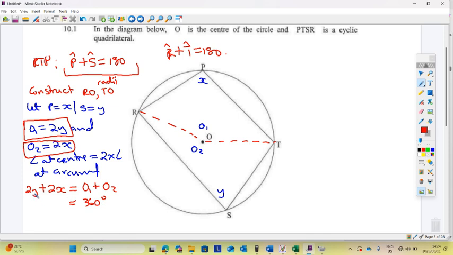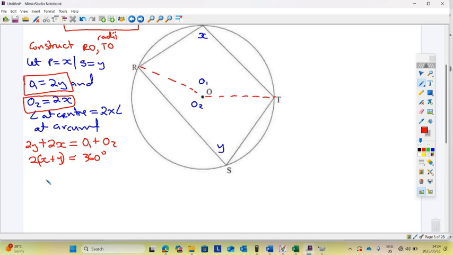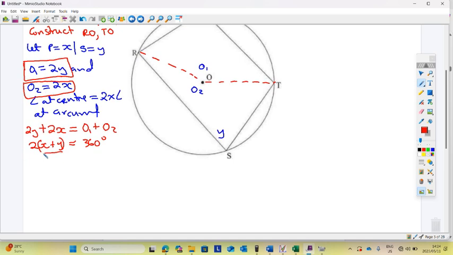And then 2y plus 2x, factor out a 2 there. We have 2 bracket. I can start with x and then a y. Remember, addition is commutative, right? And then divide both sides by 2, and these will cancel each other.